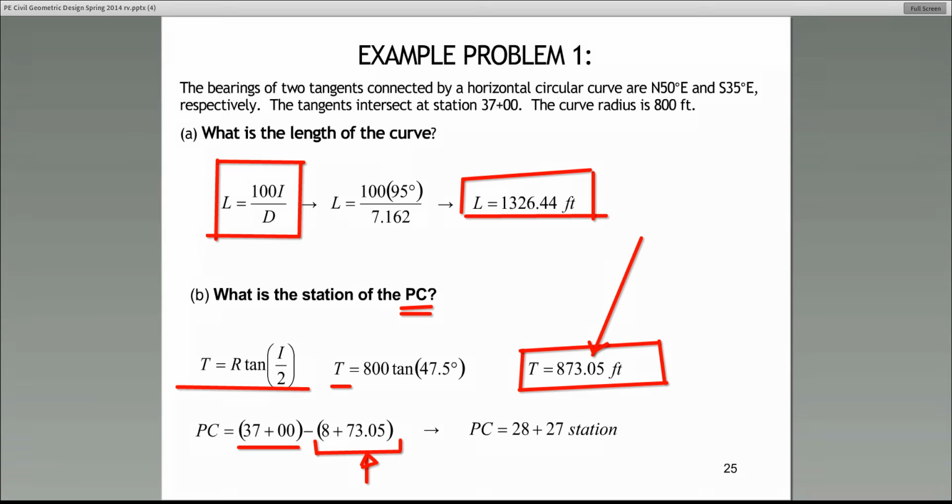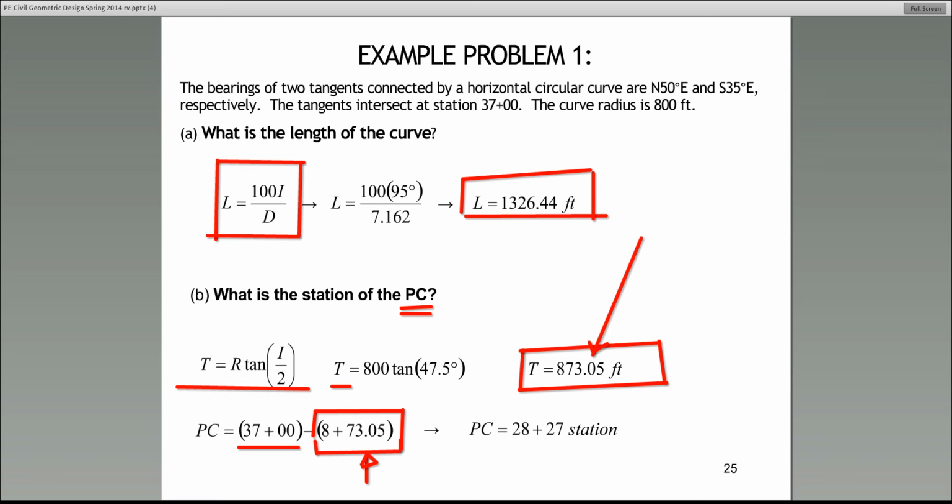Well, in terms of stations, that is going to be 8 100-foot complete stations. That gives you the 800. And then the balance is 73.05. So in terms of stations, we express that as 8 full 100-foot stations plus the change, which is 73.05.